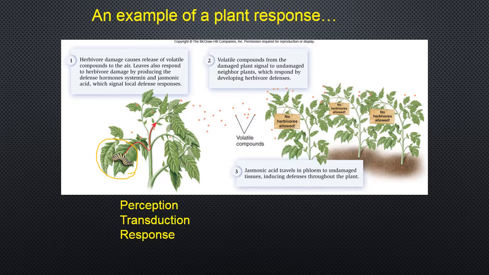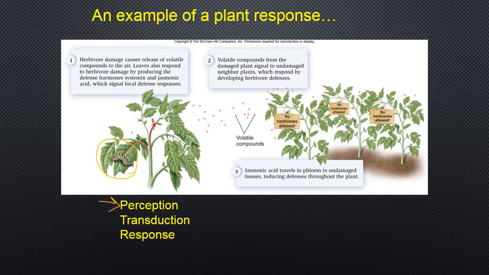Those compounds are going to do 2 different things. First, they're going to cause a reaction in the plant that the herbivore is on. As soon as those volatile compounds, which are types of hormones, are released, they are perceived by the plant. So that is the perception.